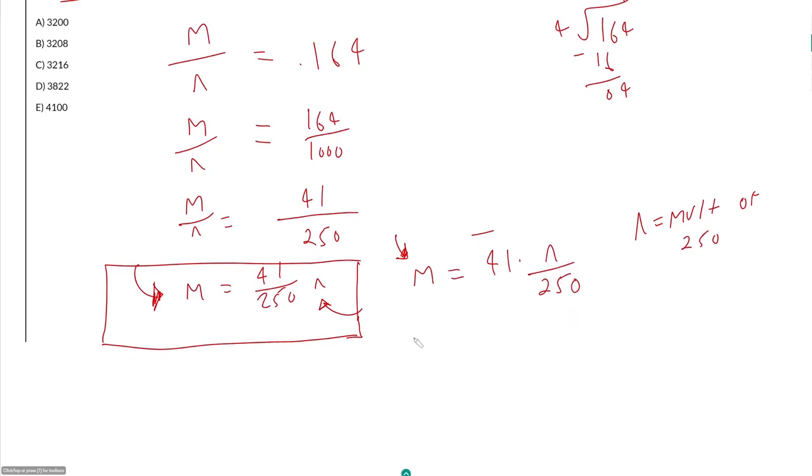So for example, let's say we got n, and then we got a value for n over 250. If n is equal to 250, n over 250 is 1; n is 500, n over 250 is 2; if n is 750, n over 250 is 3. So n over 250 could be any integer. So really we can think of m as just equal to 41 times some integer.